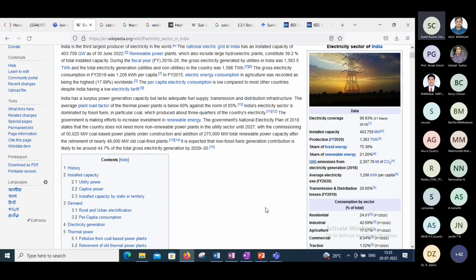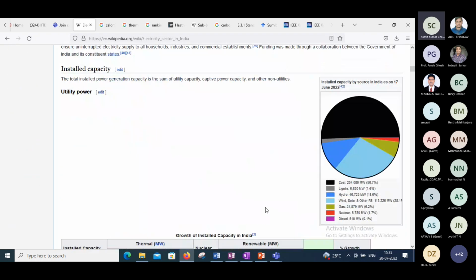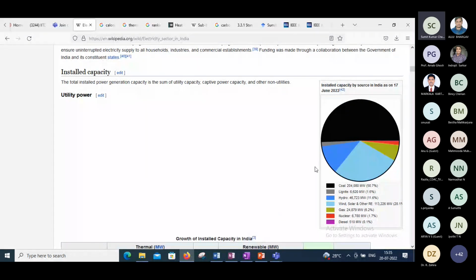Here we see that out of the total installed capacity of different resources, we have 50% coal, and altogether the total fossil-based electricity generation capacity is less than 60%.